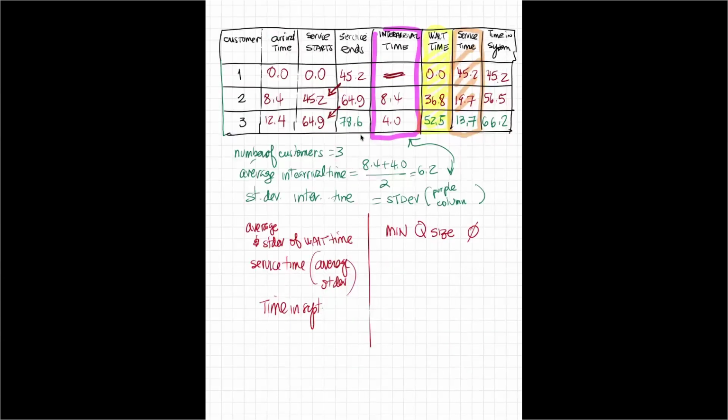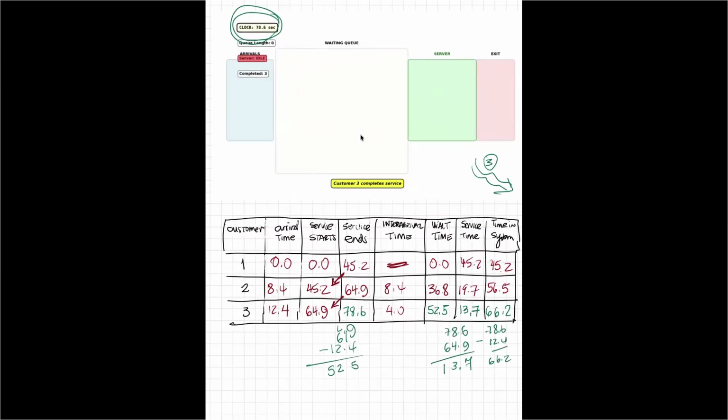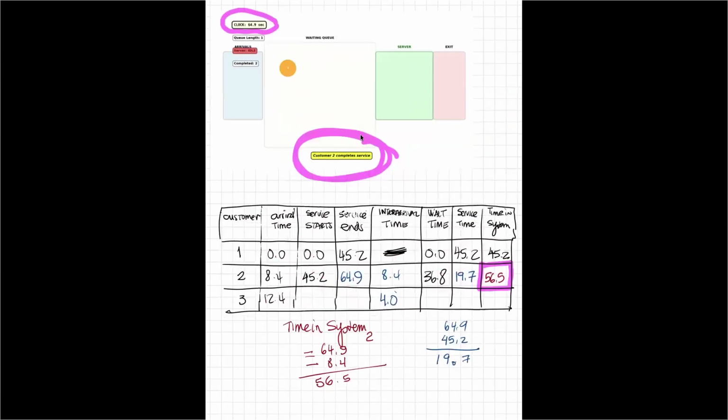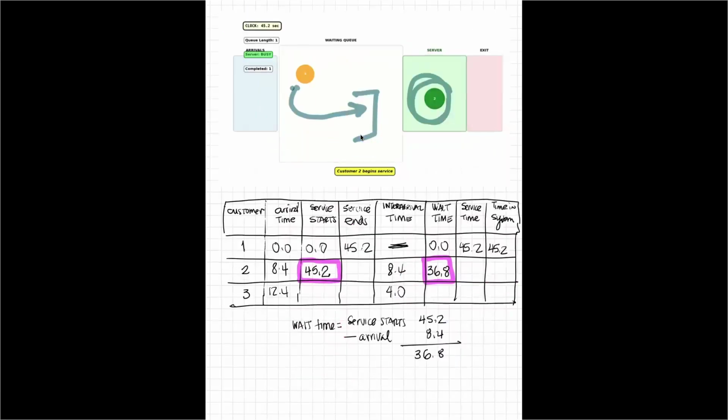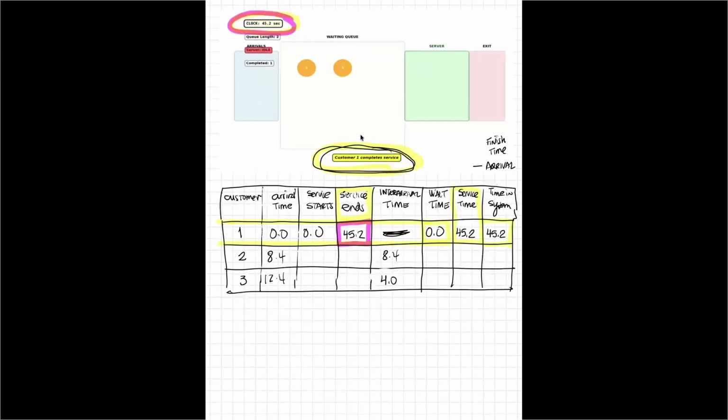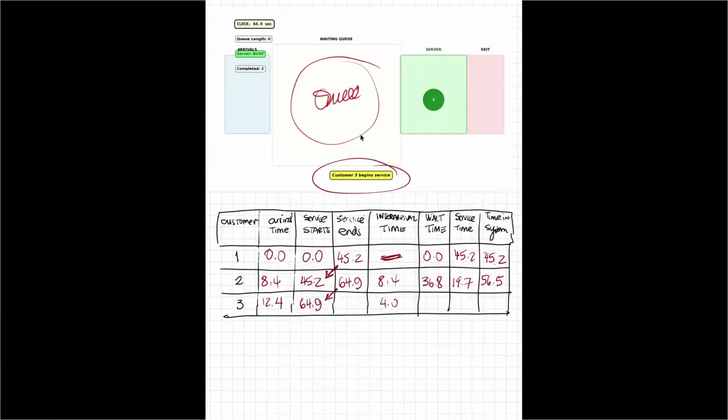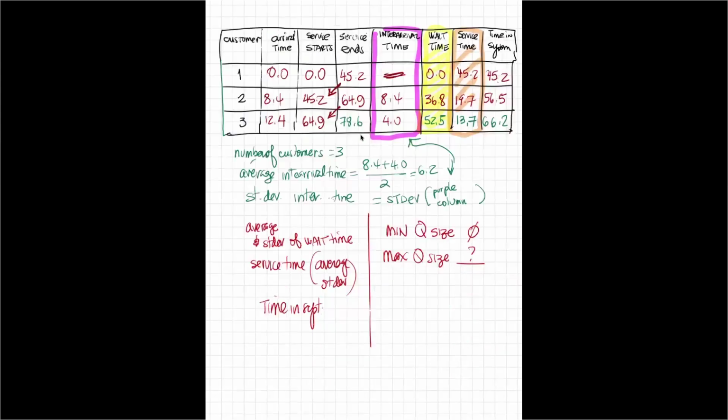But the maximum queue size, what's the maximum queue size? Here, two people, right? And I don't think we had more than two ever, if I remember correctly.